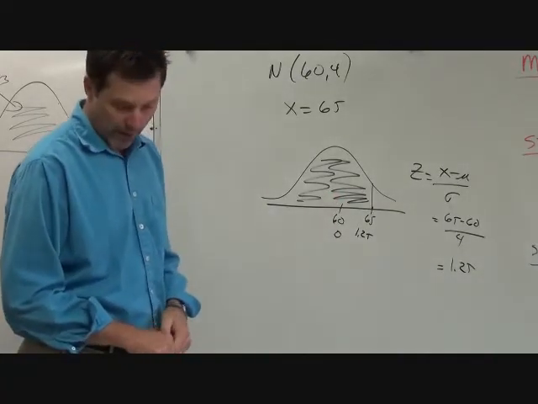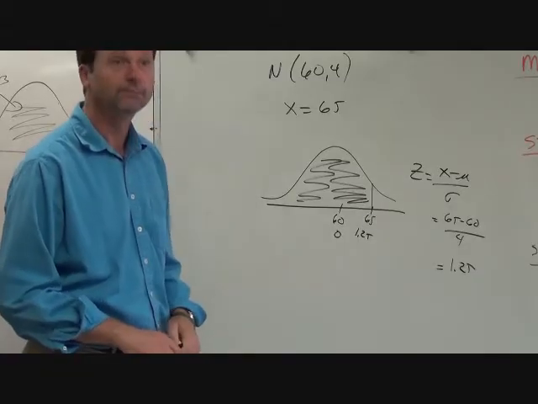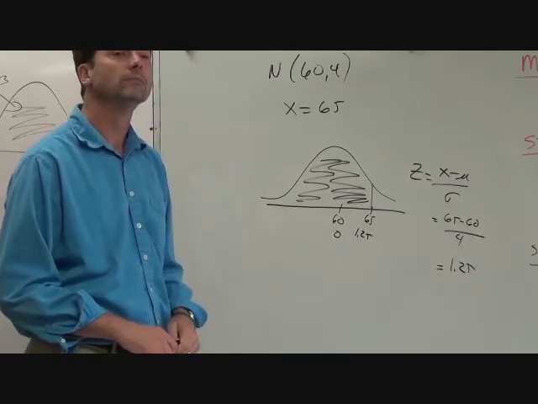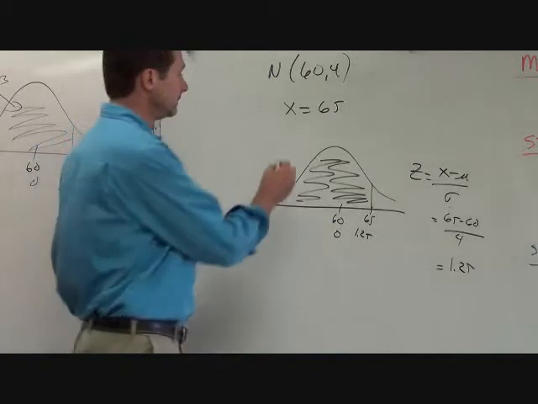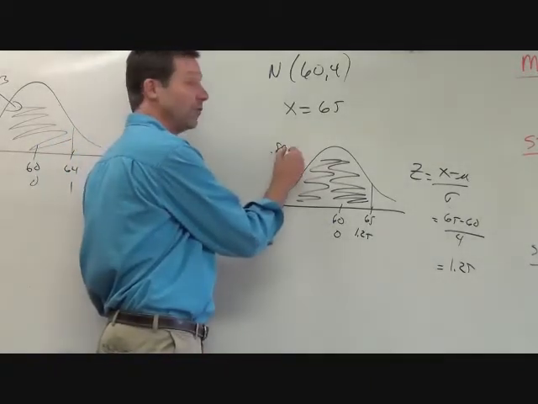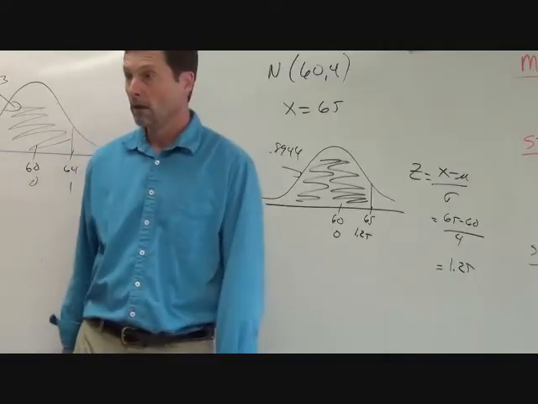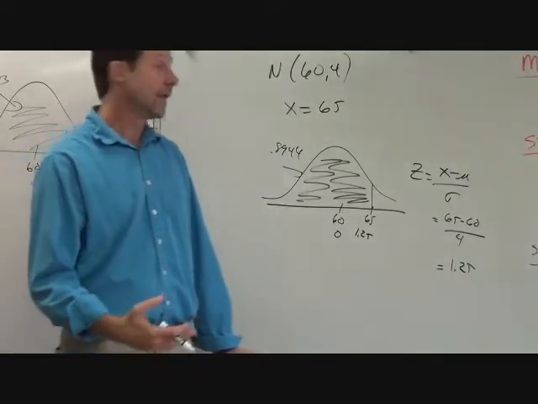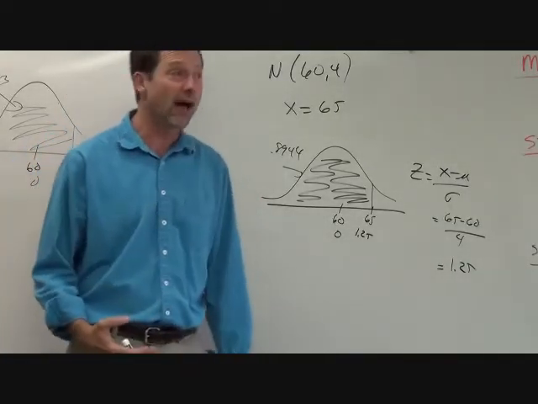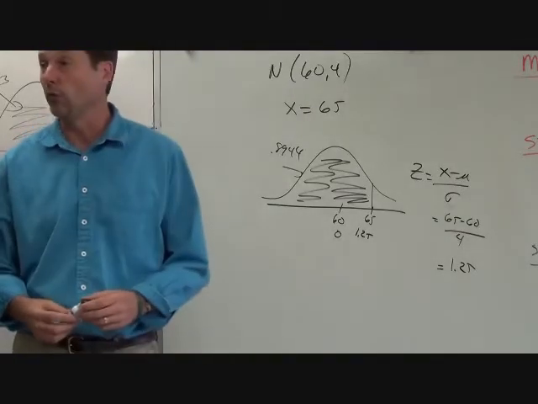What'd you come up with? Monica. 0.8944. Is she right? Is it 0.8944? Has everybody got that? Knows where it is? So your sentence would be that a score of 65 would put you in the 89.44th percentile.